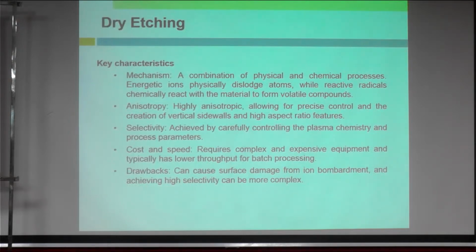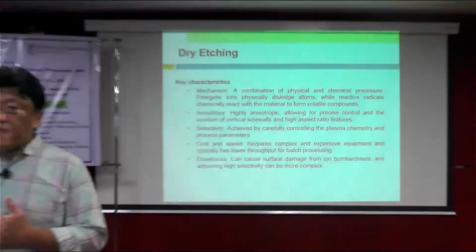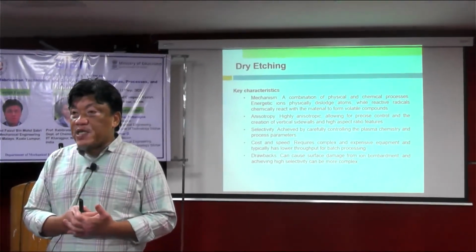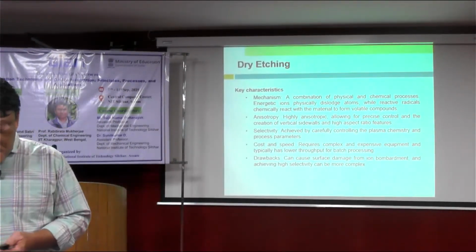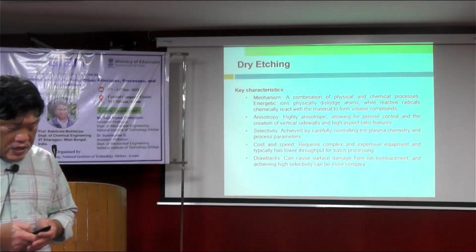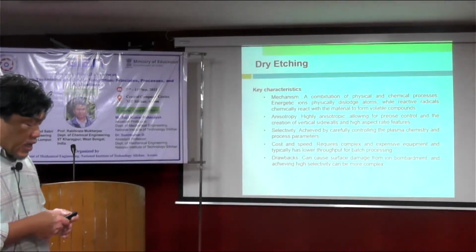Because it's quite a forced machining process, where the bombardment of ions with force and speed can remove the material, even though selectivity might be a part of it, continuous bombardment of ions can also remove the material. So that is where the surface also needs to be taken care of.